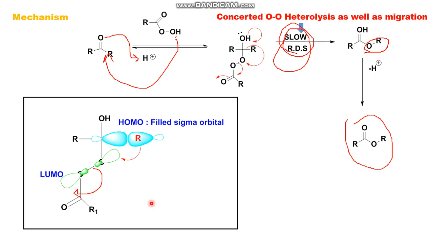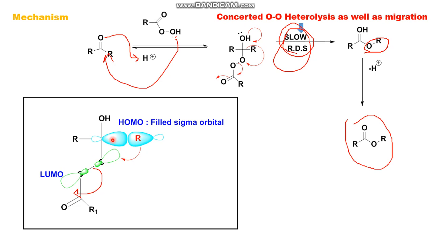So to look at the orbital overlap interactions, you have this tetrahedral intermediate here. One is attached with R, another is OH, another is the C-R bond that is going to migrate. Now this OO bond is breaking. So what can be the orbital mechanism?